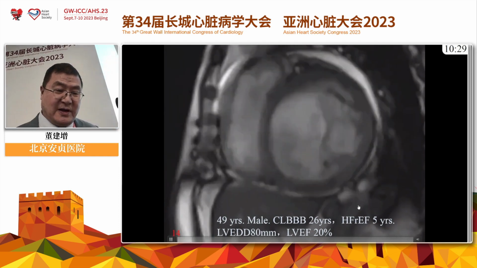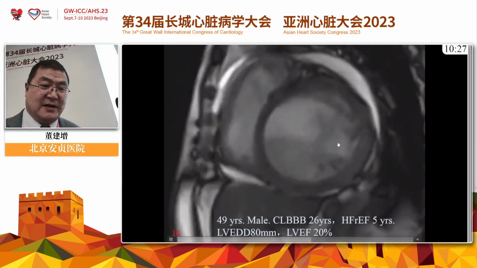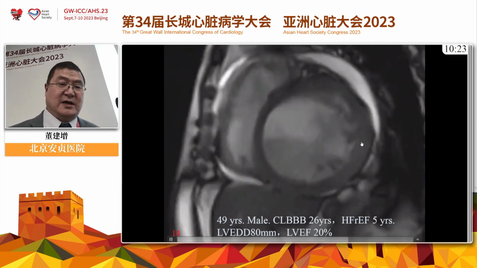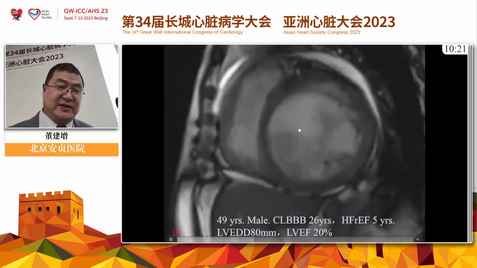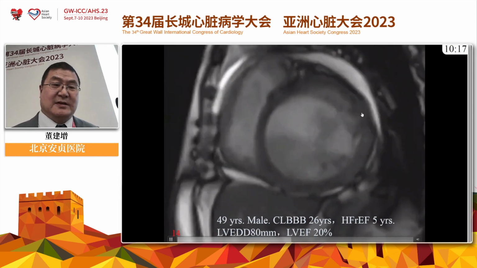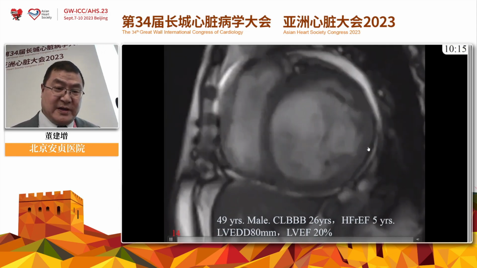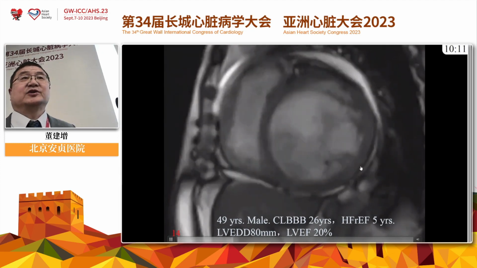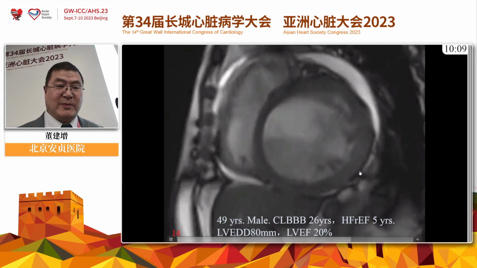This is highly dilated left bundle branch block induced heart failure. We can see that even though the left ventricle is so dilated, the lateral wall still has good contraction.